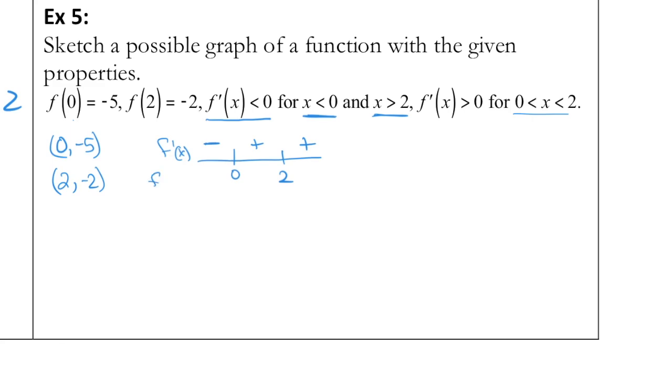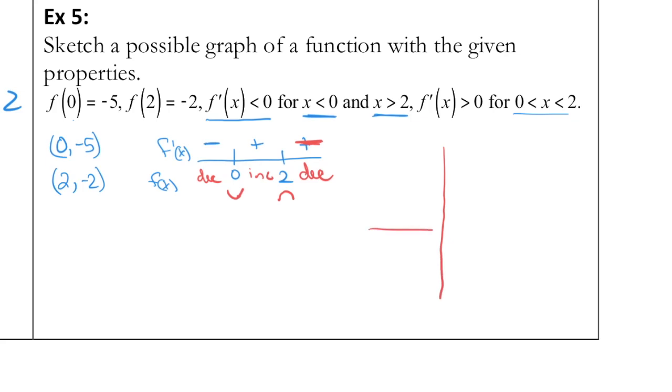So what's that tell you about f of x? We know that f of x is decreasing, then increasing, and then decreasing. So we could draw decreasing then increasing symbol and a nice little increasing and then decreasing symbol. So you can tell where your relative min and max are from this information.